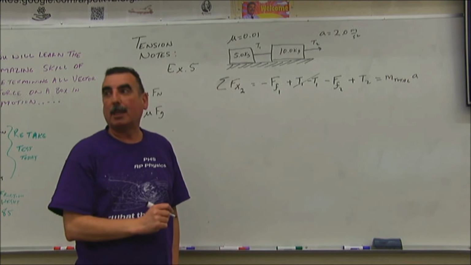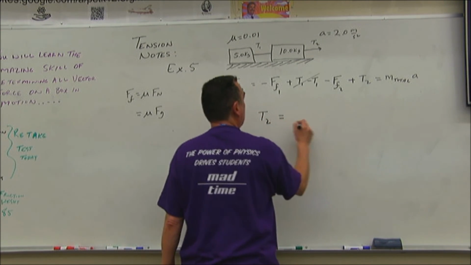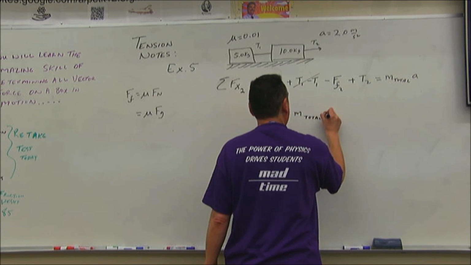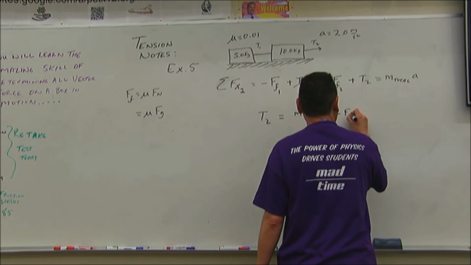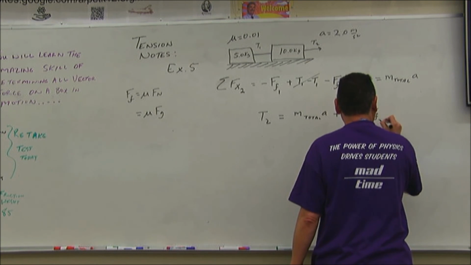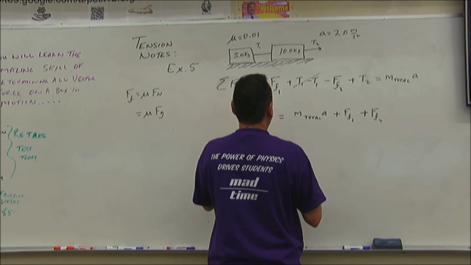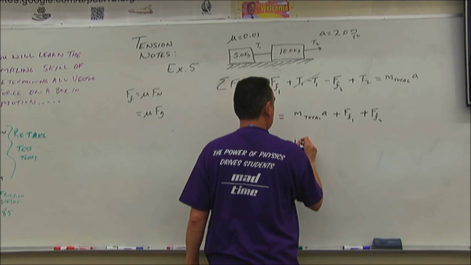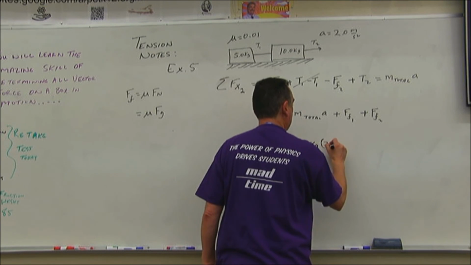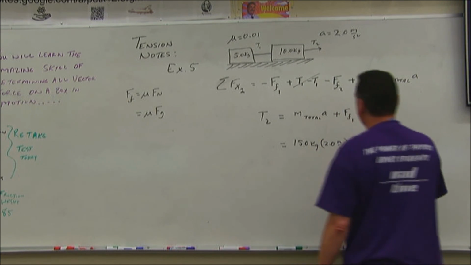Is it okay if I skip a couple steps and solve for T? So T2 equals M total A plus F friction 1 plus F friction 2. M total is 15 kilograms, times 2.0 meters per second squared. For friction, I'm going to pull out 9.8.